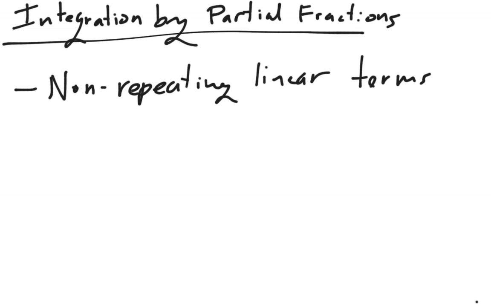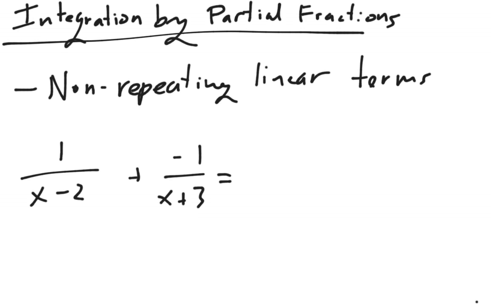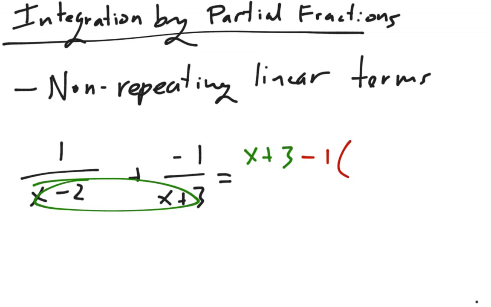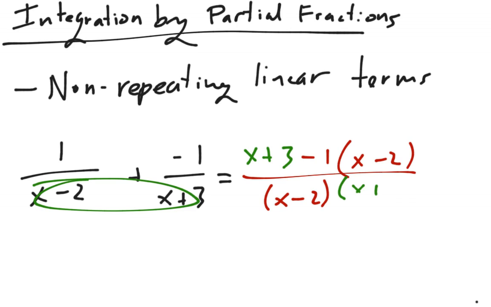Linear terms. So, back in the old days, you learned how to do stuff like this: 1 divided by x minus 2 plus negative 1 over x plus 3, and you were able to create a new fraction by essentially finding a common denominator. The way I did this is you have x plus 3, and then a minus 1 times (x minus 2) on top, and the bottom is the two denominators multiplied by each other: x minus 2 times x plus 3.